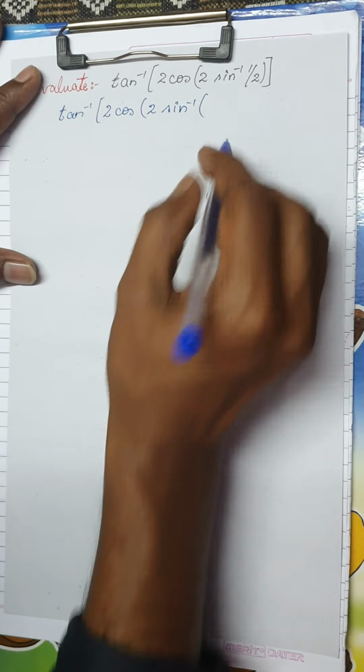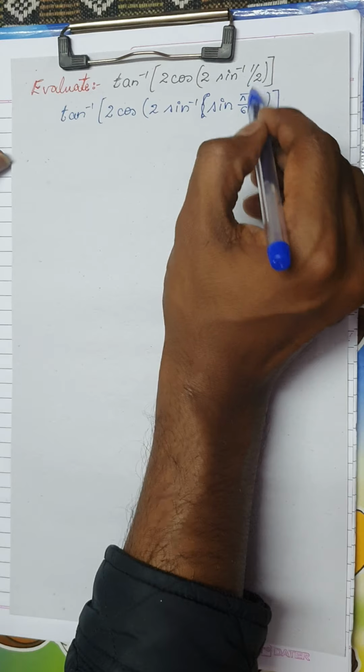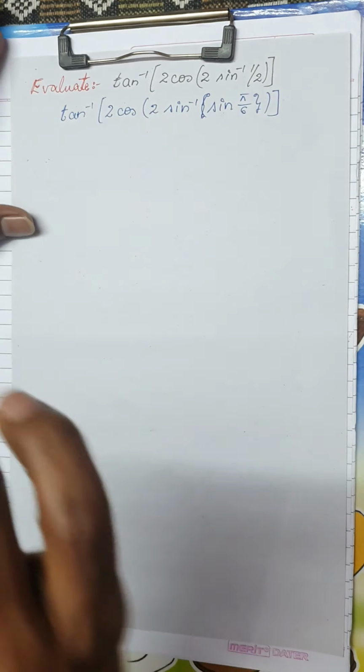remember I have half here. Can I write this half as sin pi by 6? We know sin pi by 6, that is sin 30 degree, is nothing but half. So instead of 1 by 2, I am substituting sin pi by 6.